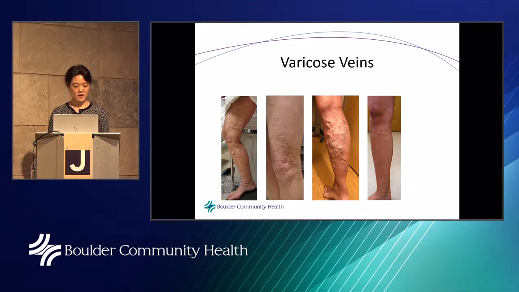They can come in all sizes and shapes, and they can come in all different locations. And I won't go into details on what causes the various locations, because that is very technical, but they can derive from many different veins in our legs.